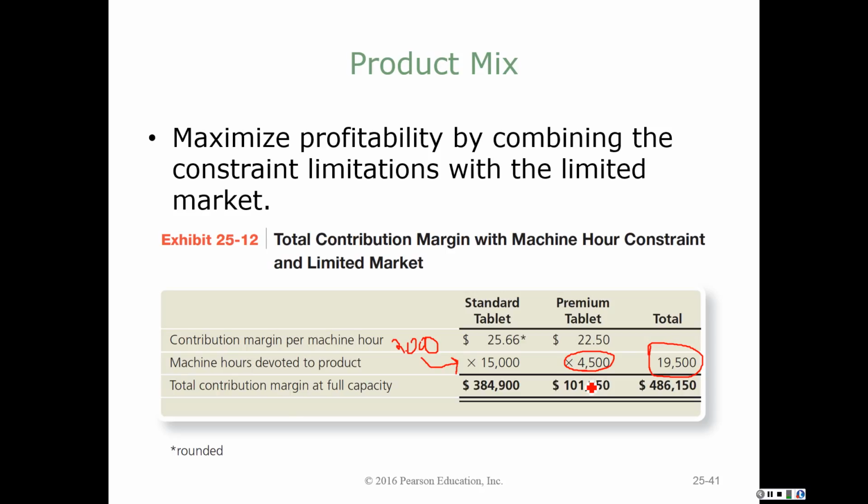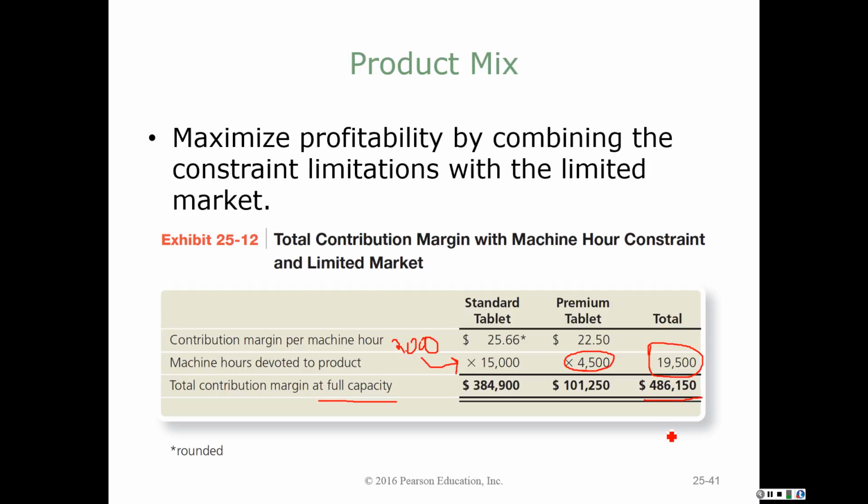So once again, they've shown you that my maximum contribution margin per capacity is manufacturing 2,000 standard tablets and using the rest of my hours to manufacture the 450 premium tablets, to a total of $486,150 of contribution margin per capacity.